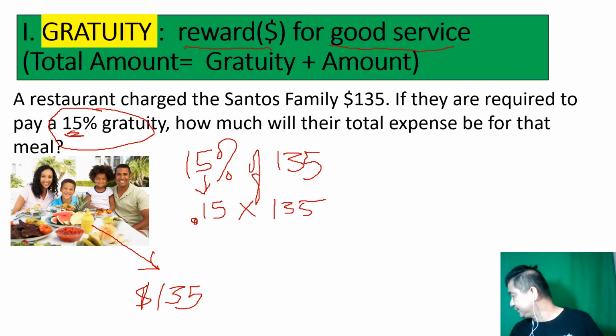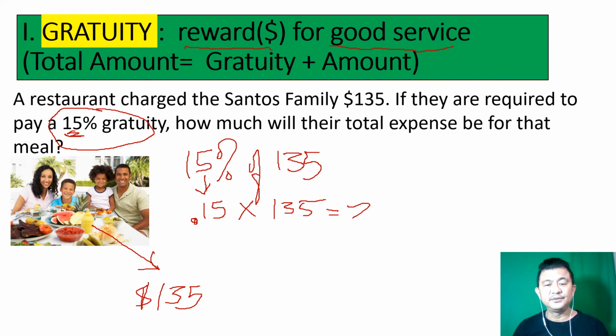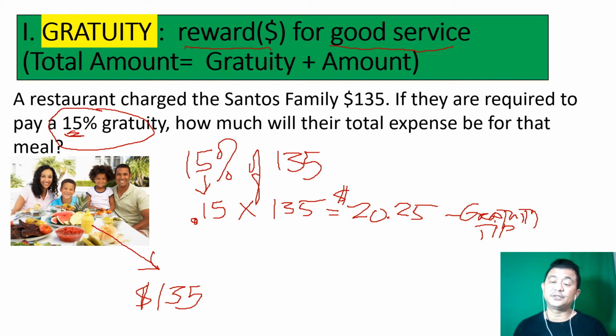So we just need to multiply 135 times 0.15, which is $20.25. This is called the gratuity or the tip. That goes to the waiter, to the staff, whoever served the family.